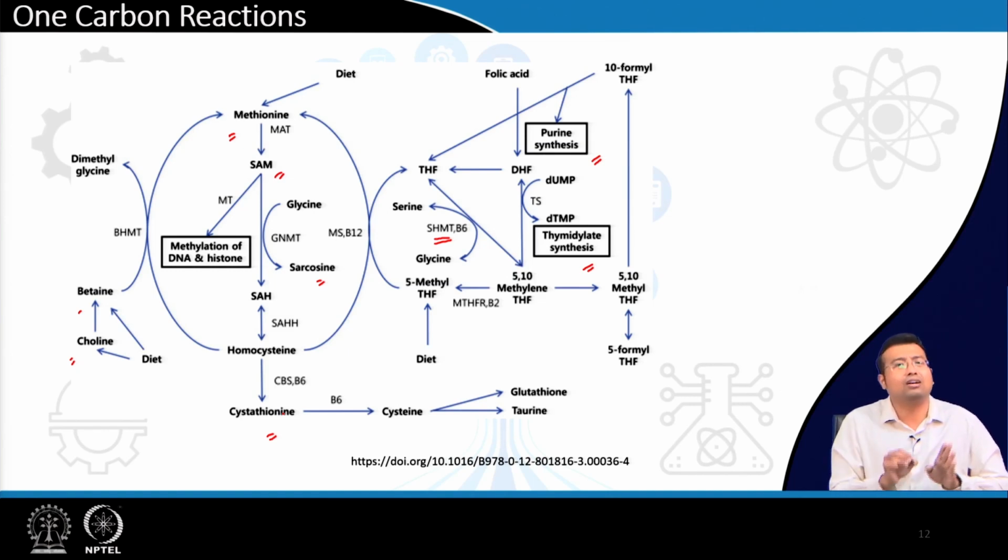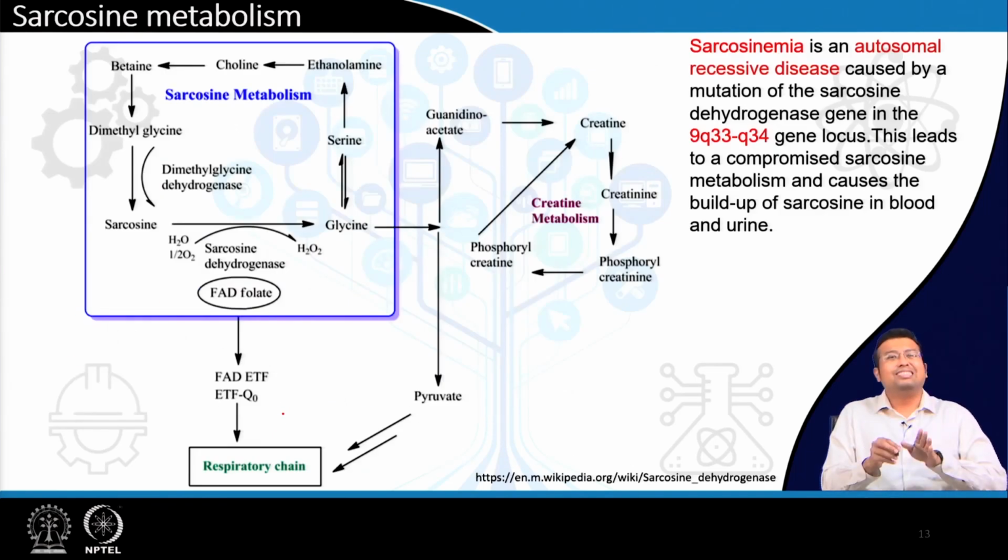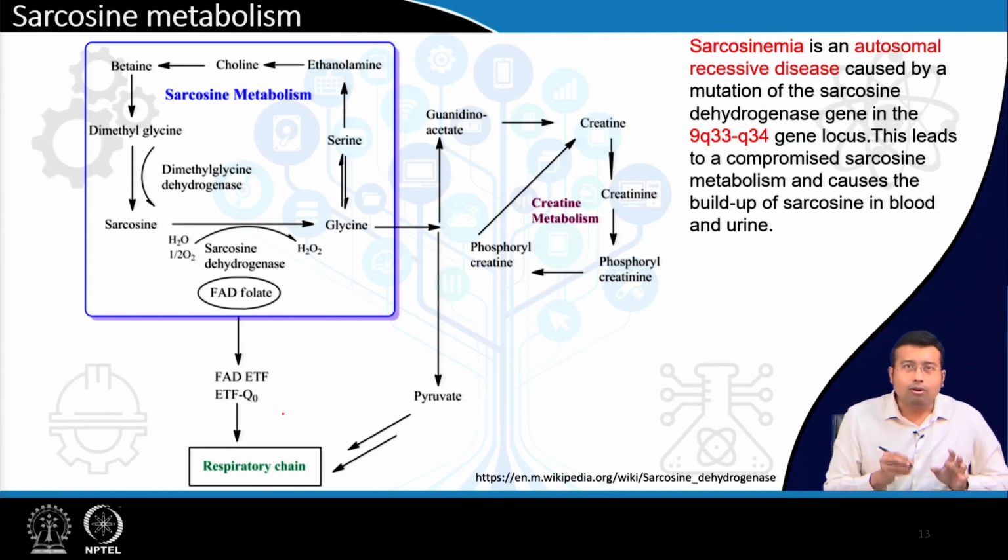So, if you get a question of one carbon metabolism, any long question, you should touch the metabolism of serine, glycine, choline, as well as purine metabolism, as well as folic acid in the answer, okay. So, that being said, we now move on to the next part of the lecture, which is a minor deviation, because we have discussed the molecule sarcosine. What is sarcosine? Sarcosine is nothing but methyl glycine, right.